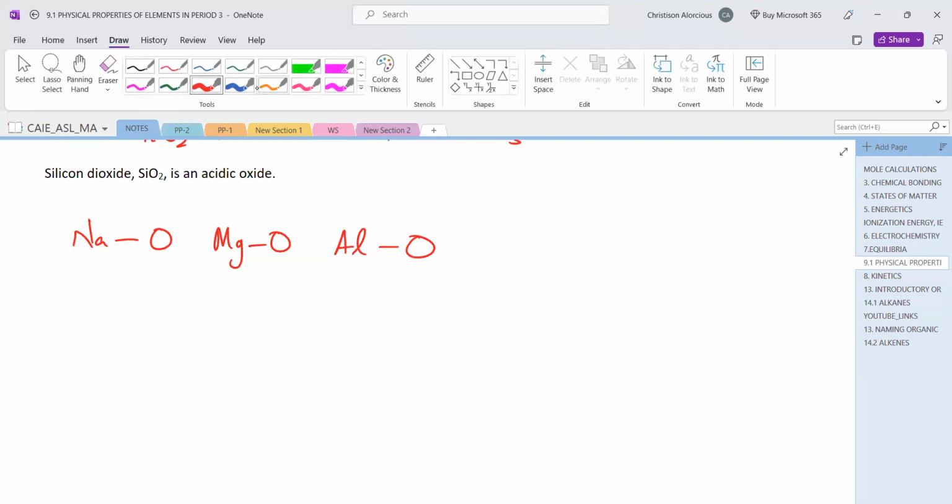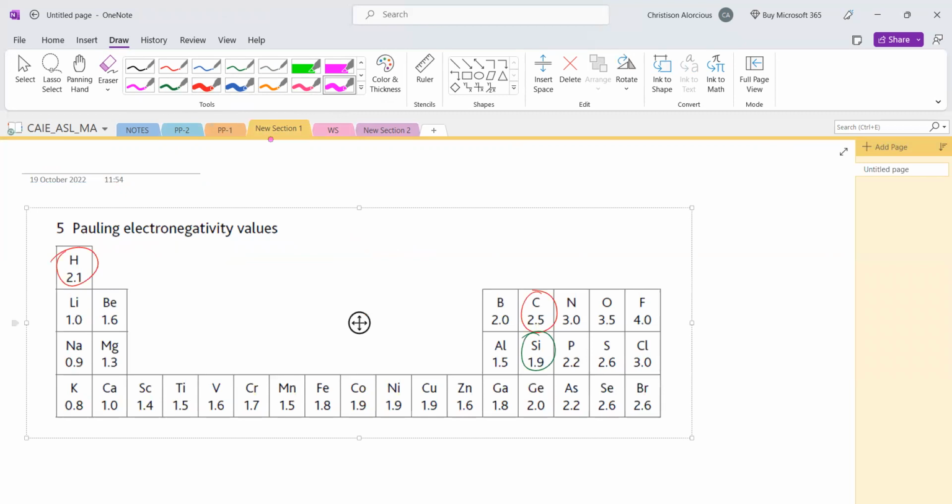But I want to draw your attention to the electronegativity of these elements. The electronegativity of oxygen is 3.5, while the electronegativity of sodium is 0.9, magnesium is 1.3, aluminium is 1.5.